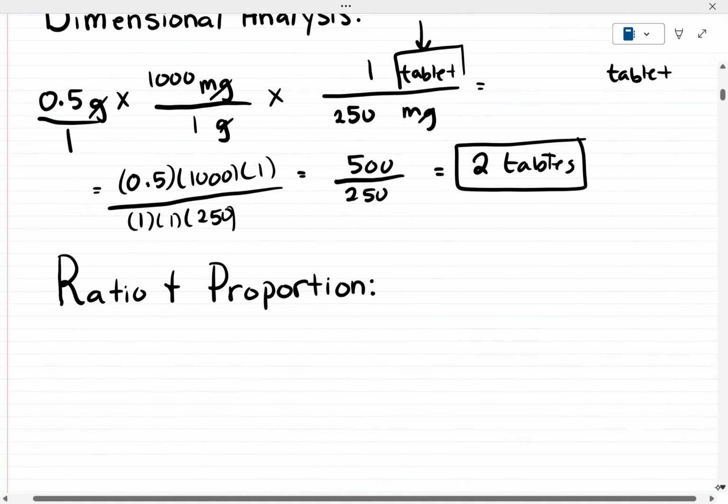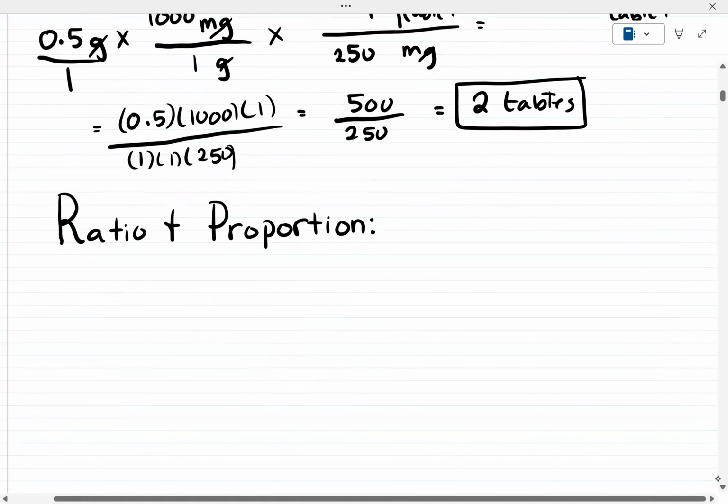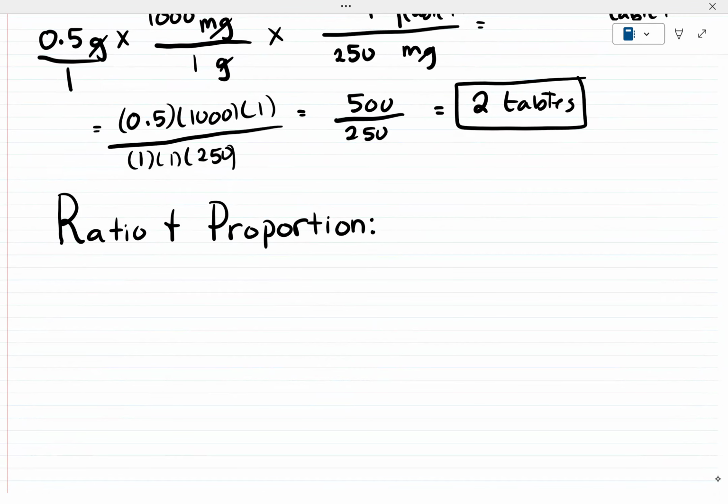Okay. Now let's solve the same problem using ratio and proportion. When we're doing ratio and proportion, first we have to convert grams to milligrams because we were given that for one tablet, there was 250 milligrams.